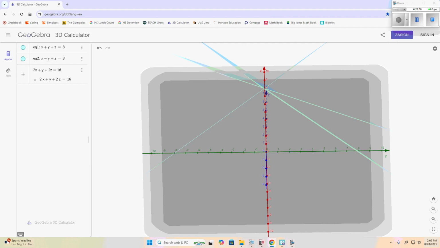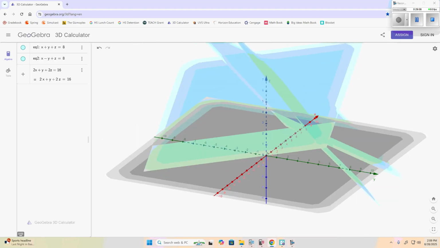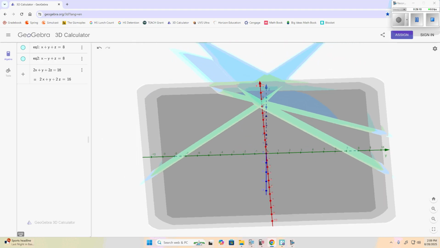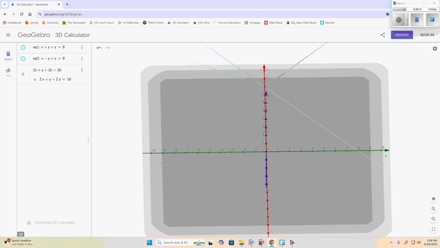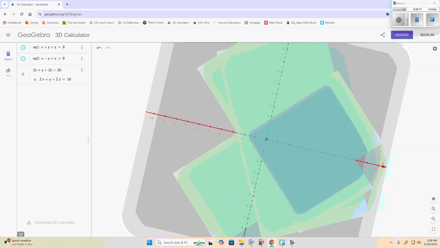So if we look at this here, the last homework problem, number 3. So we do see there is an intersection, but that intersection is actually a line, and there's more than one point. There are infinitely many solutions for this here.